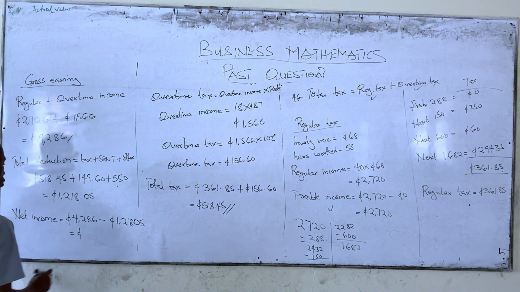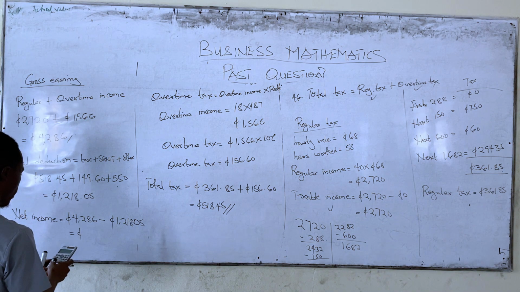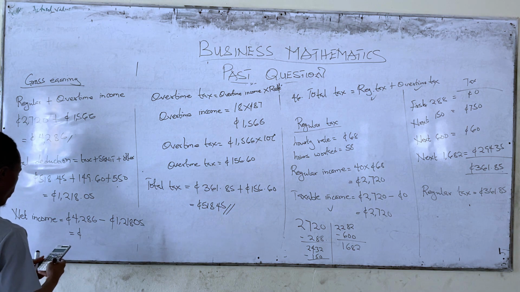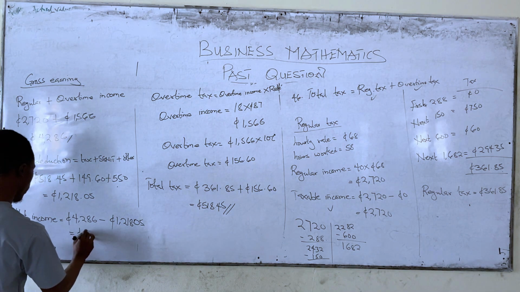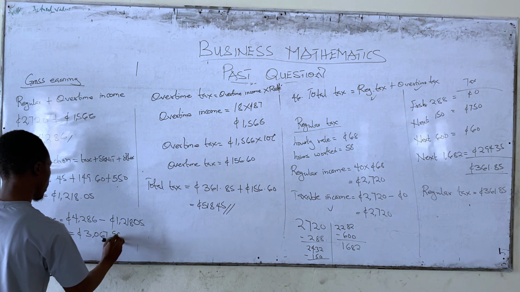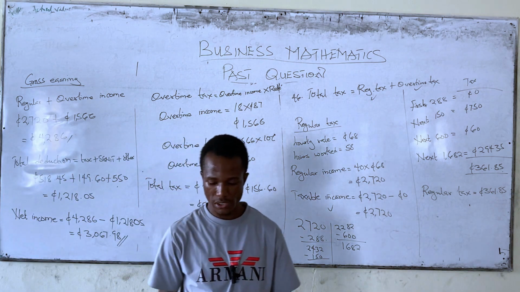So at the end you are going to get 3,067.98. So this one becomes the net income for Gabriel Ishan.